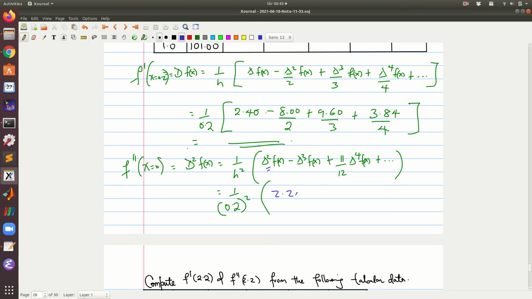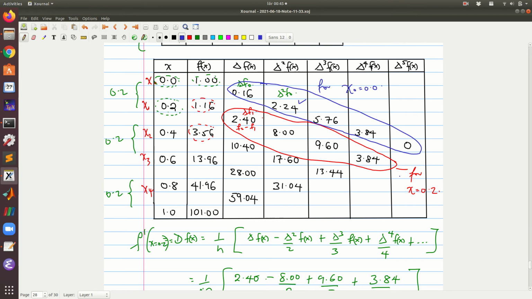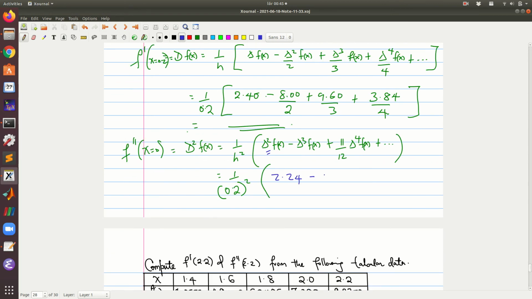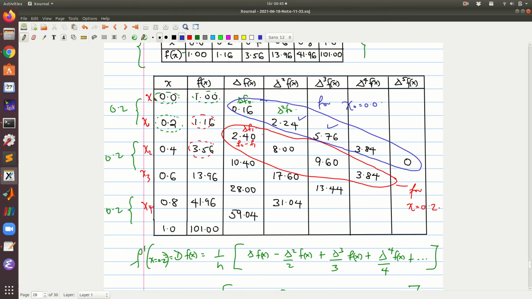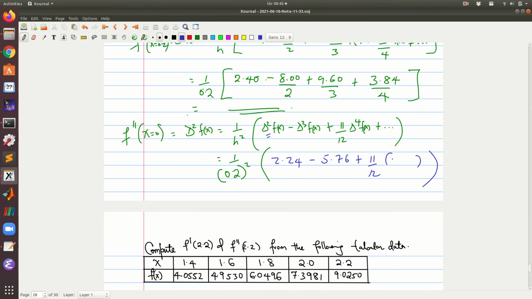So we have 2.24 minus the third, which is 5.76, then plus 11 over 12 times the fourth forward difference here, 3.84, and then we shall get the solution.